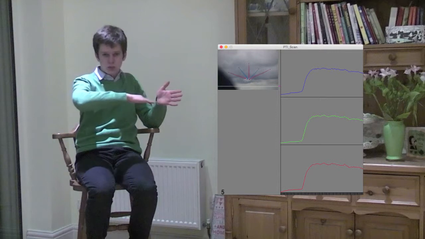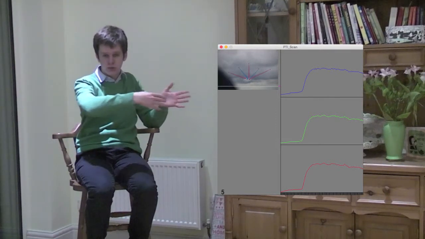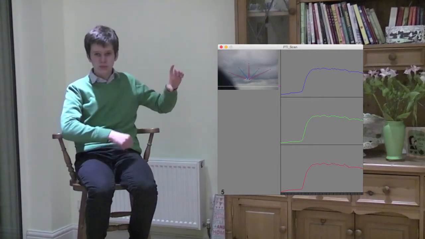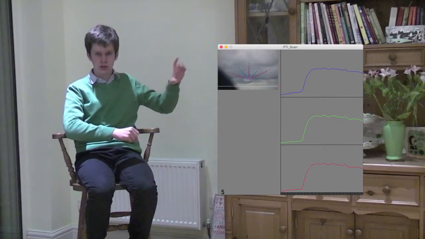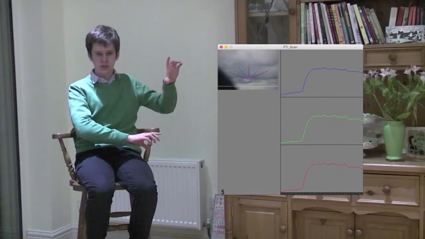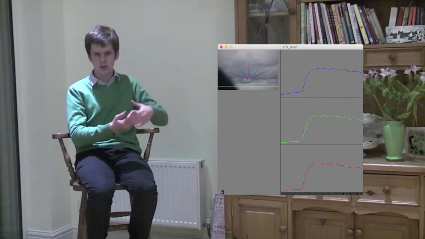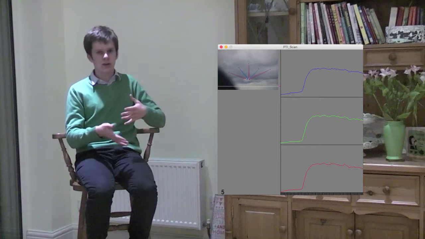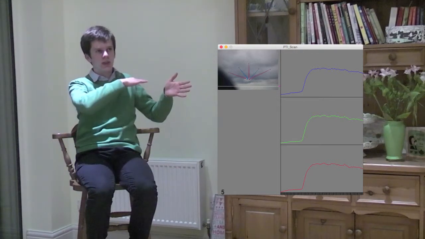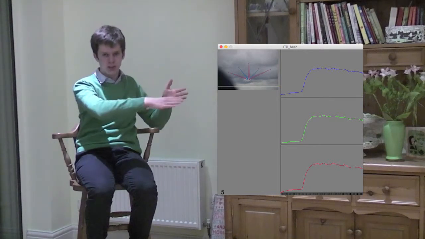On the x-axis we have the x-axis of the image, and on the y-axis we have the colour intensity for each channel. And in many photos or images, is my hypothesis really, there can be distinct sections of colour.